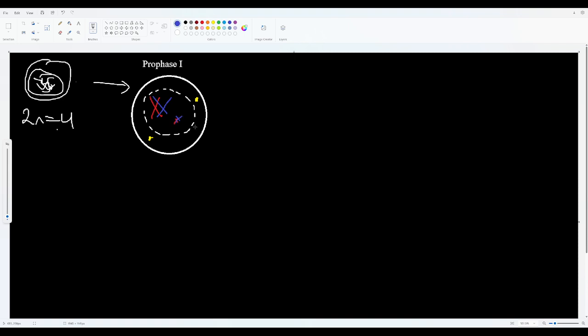So these are going to intersect, and at this intersection point something special is happening, and that's called crossing over.